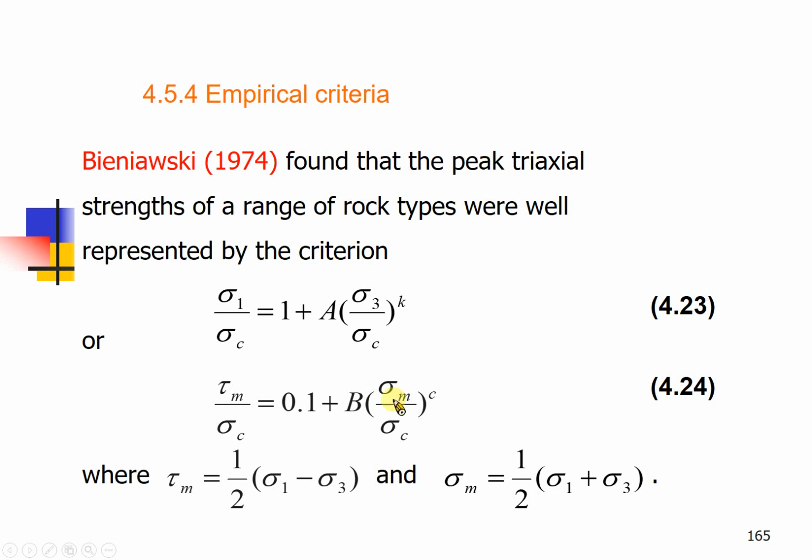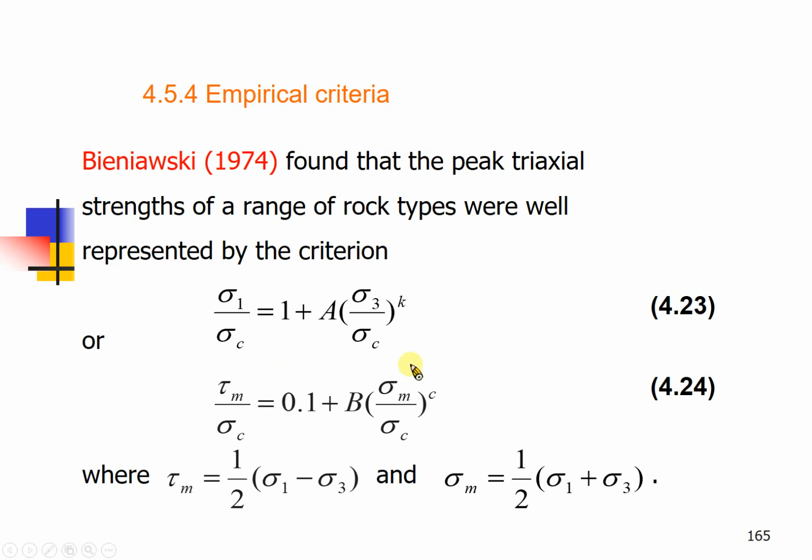Okay, then you have some parameters here, A, sigma c, and k. The sigma c is very easy to obtain. You have several approaches to get sigma c. You can use the uniaxial compression test to get sigma c. You can use the point load test to get sigma c.